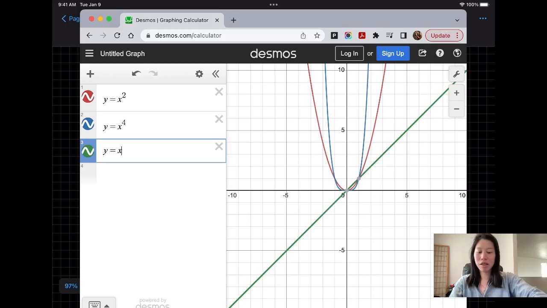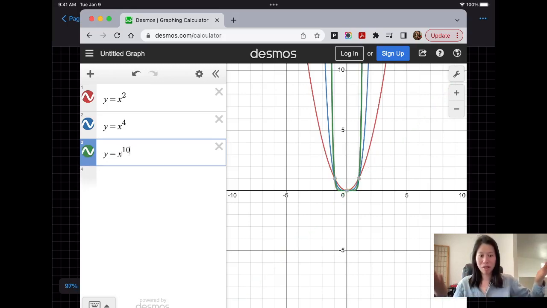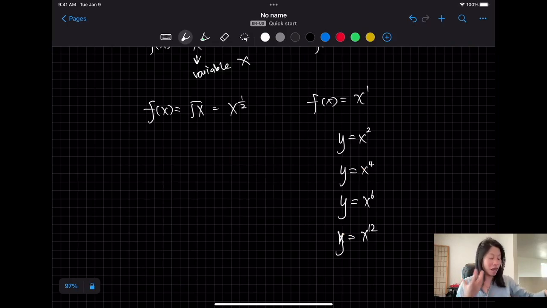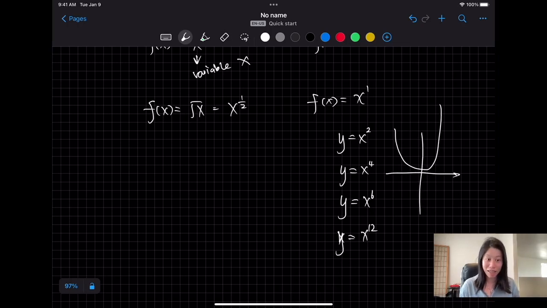So now let's take a look at x to the 10th power. Still a parabola. So you may already find some pattern here. If the exponent is an even number, the function is going to look like a parabola, right? So now similar question. Make a guess.